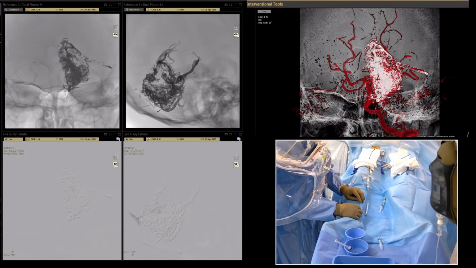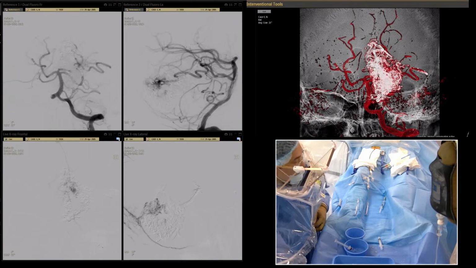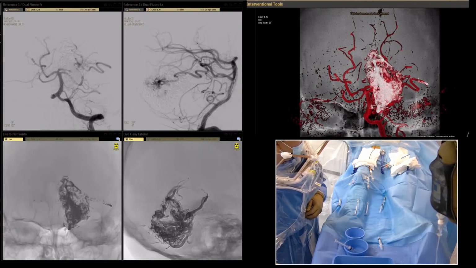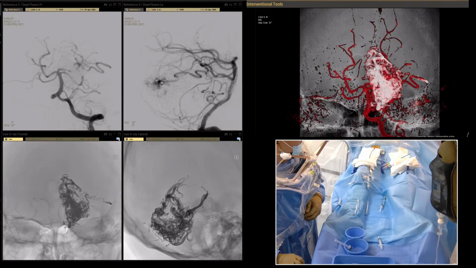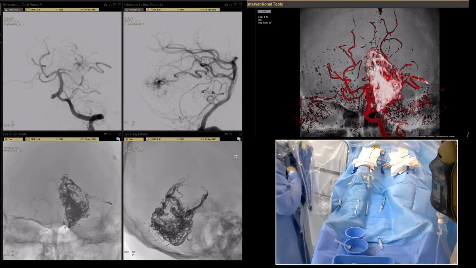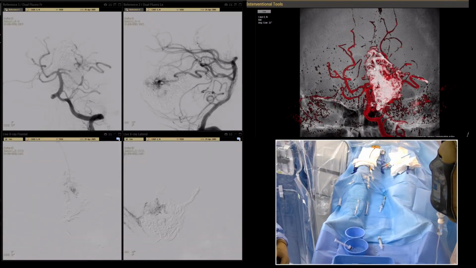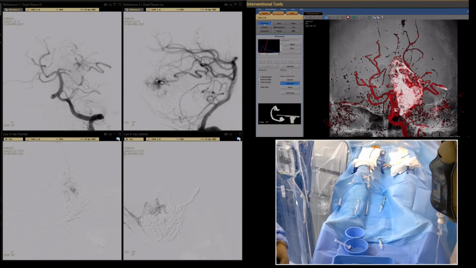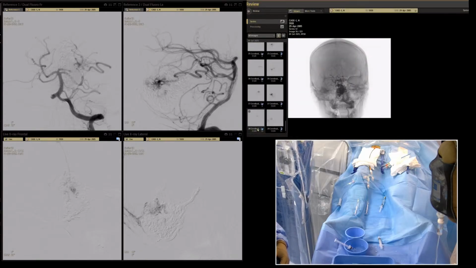I think we can start with the dural branch. As we see the markers, we don't need to go proximal, and now we will exit from the 3D roadmap. We'll put the histogram and we'll replace. Now I need mostly the territory.